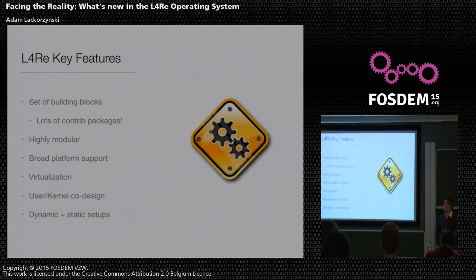Right now our system is used on a broad range of hardware, starting from embedded systems like mobile phones or small ARM boards like the Raspberry Pi to fully fledged x86 server systems like the 19-inch racks.